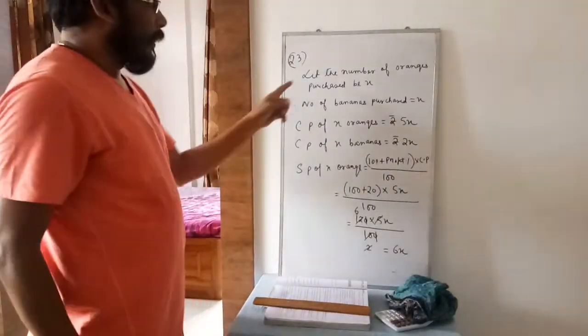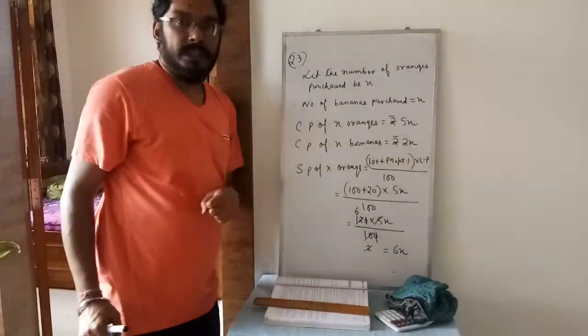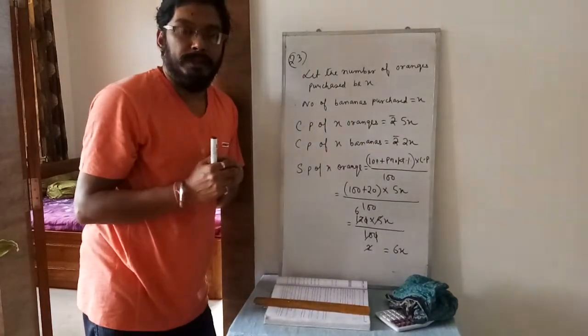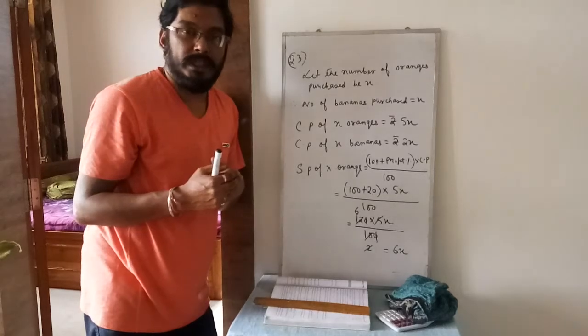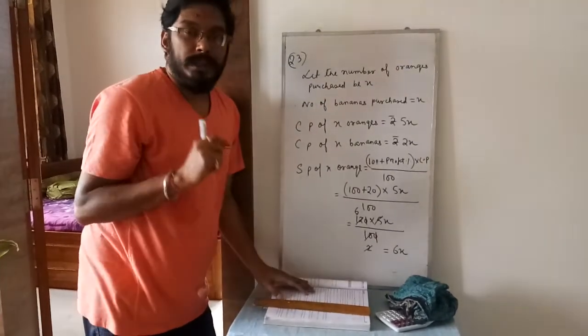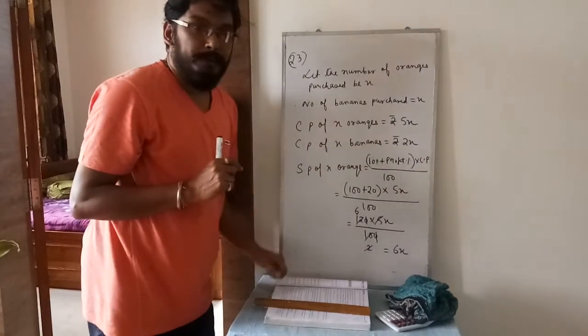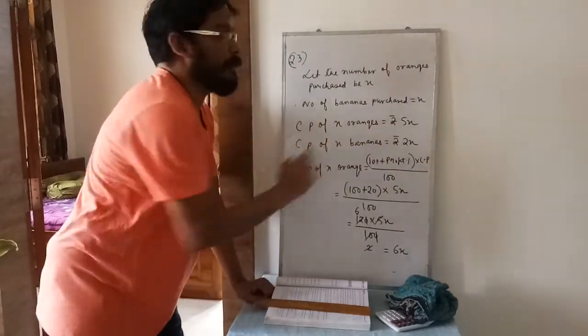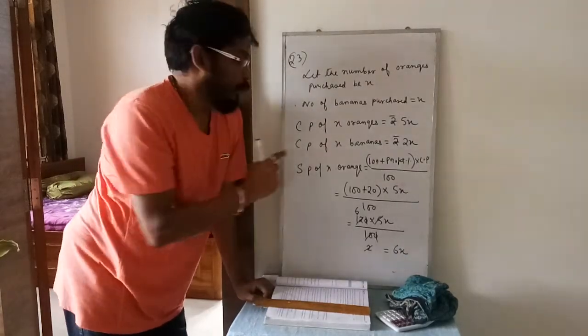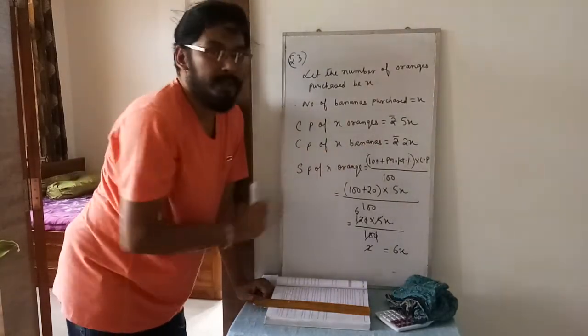I repeat again. Let the number of oranges purchased be x, therefore the number of bananas purchased equals x, because whatever is the quantity of oranges, the same number of bananas he has purchased. CP of one orange is given as 5, so CP of x oranges is 5x. In the same way, CP of one banana is rupees 2, therefore CP of x bananas is rupees 2x.